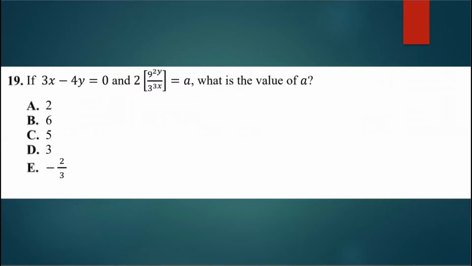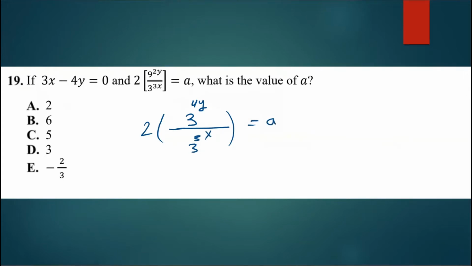I have a linear equation and a kind of exponential, but you need to simplify that. So I will need to rewrite whatever is inside the bracket here with a prime base. So 9 here needs to be rewritten as 3 to the power 2. This 2 multiplied by 2y gives you 4y. I'm not doing anything down here.